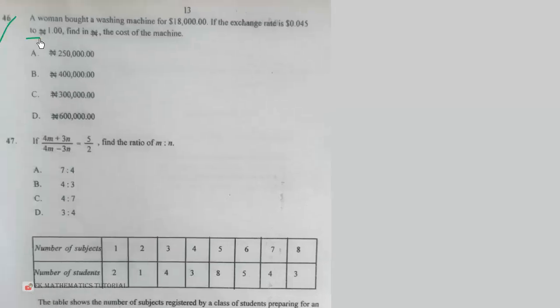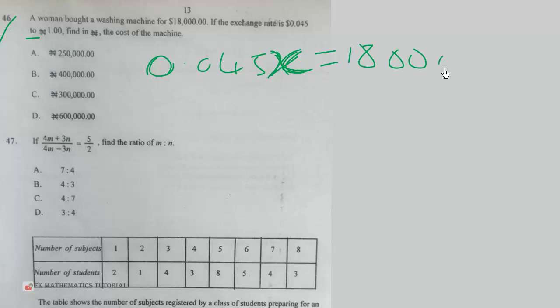So we go to question number 46. A woman bought a washing machine for $18,000. If the exchange rate is 0.045 dollars to 1 naira, find in naira the cost of the machine. So 0.045 times a certain naira, x, is giving us $18,000.